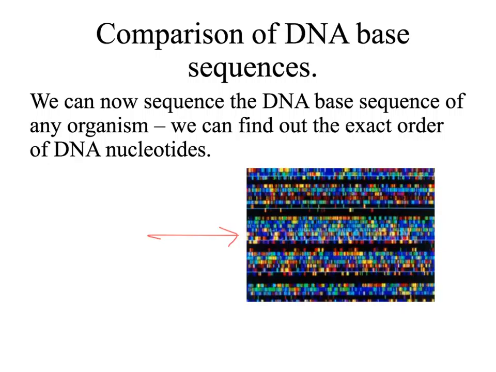As a result of that, and using computer modelling, you can then produce this coloured banding pattern. Obviously just looking at it like that, it would be impossible for us to read using our human eye. So that image is then scanned using lasers, and you can make a comparison and do all sorts of interesting stuff with it. So it's been a massive advance and has allowed us to compare the DNA-based sequences of organisms.